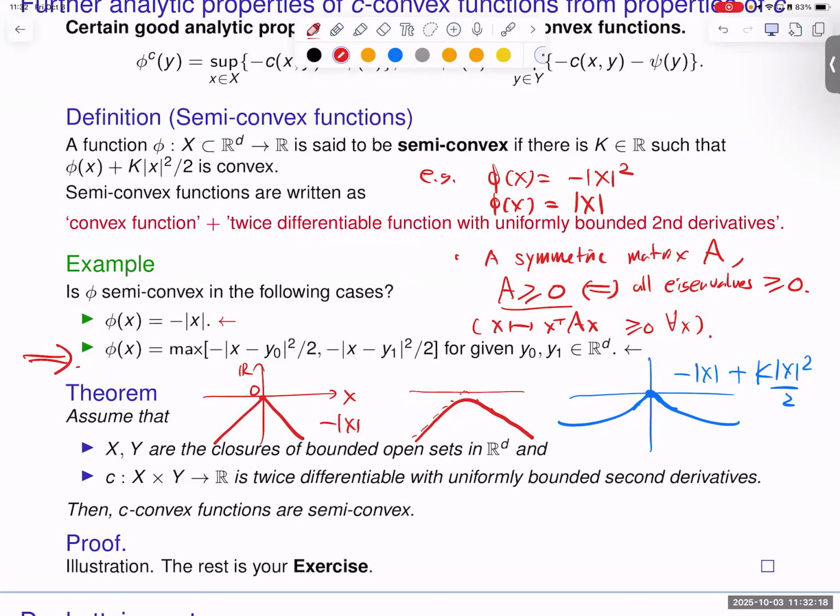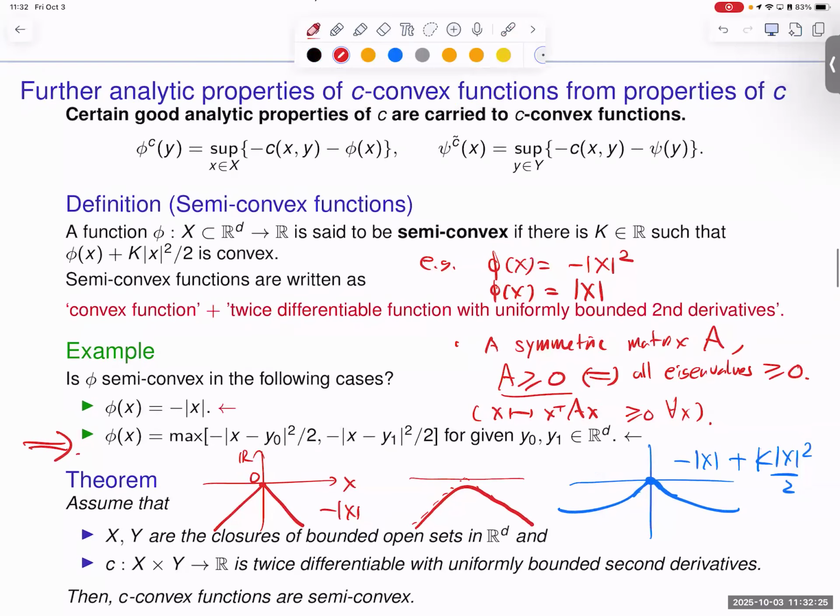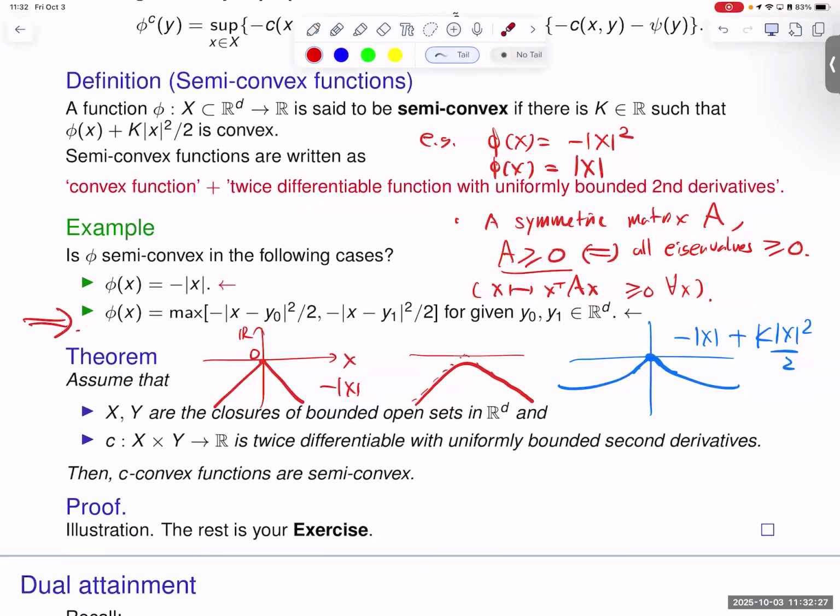Then why do we say this when we consider c-convex functions? It's the same as before. If your cost function is twice differentiable with uniformly bounded second derivative, then basically it is a semi-convex function, because it has a lower bound on the second derivative.